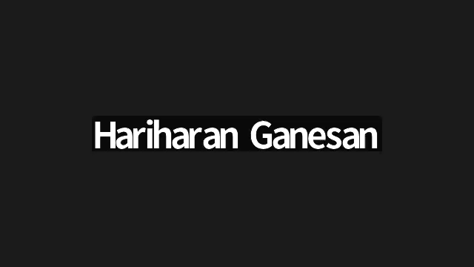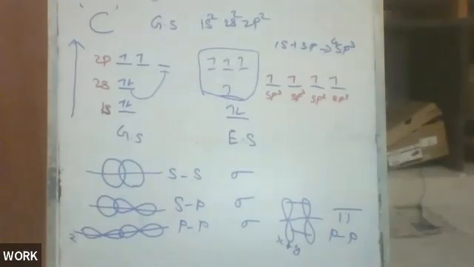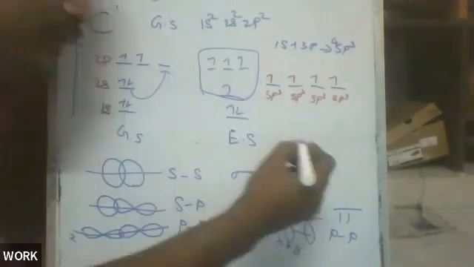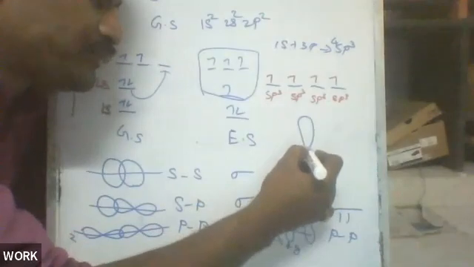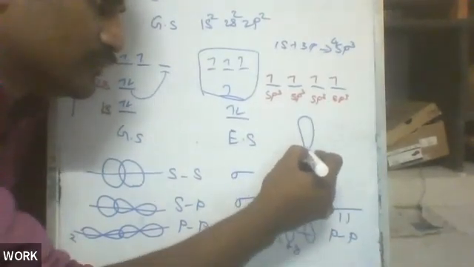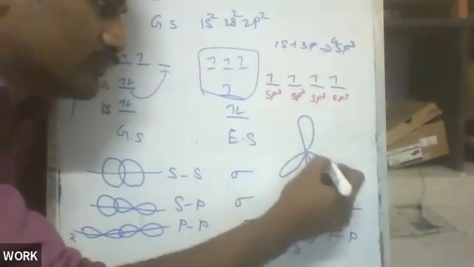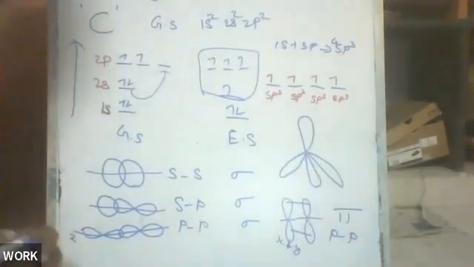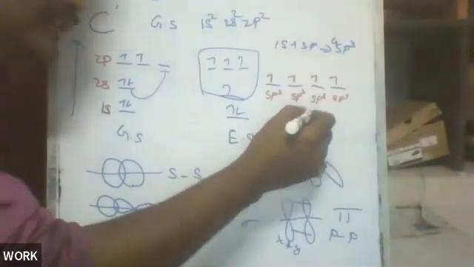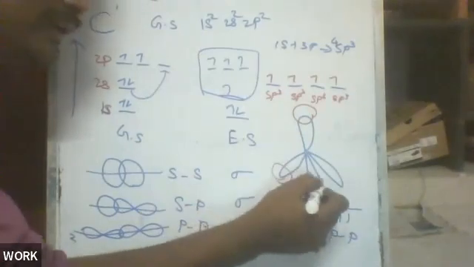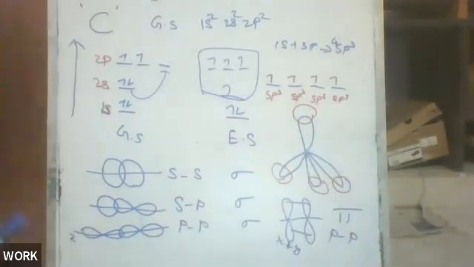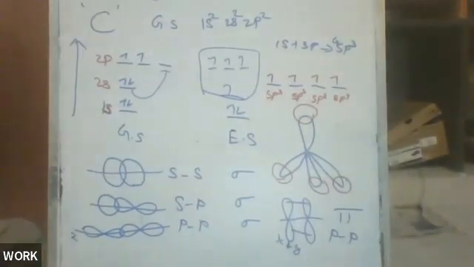When you are taking ethane or ethylene, in ethane the 4 sp3 orbitals will be tetrahedral in shape, and will overlap with the s orbital. Now I will tell you how to see that.